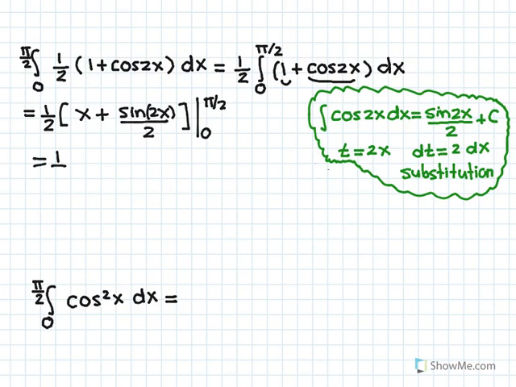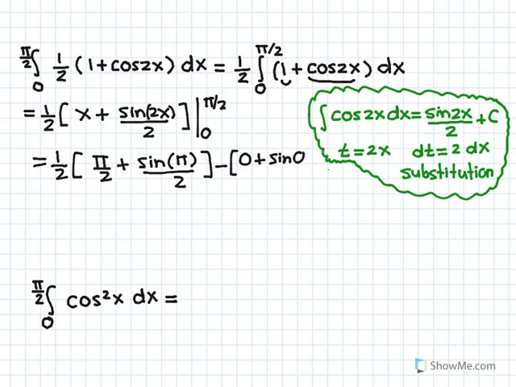So we have 1/2, applying the fundamental theorem of calculus, put pi over 2 in, we get pi over 2, plus sine of 2 times pi over 2. Well, the 2's cancel out, we just get sine of pi, divided by 2, minus, substitute 0 in, we get 0 plus sine 0, divided by 2. Now sine of any multiple of pi will be 0.